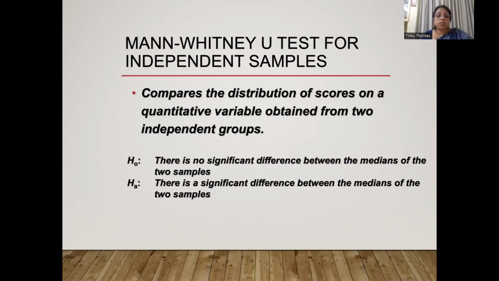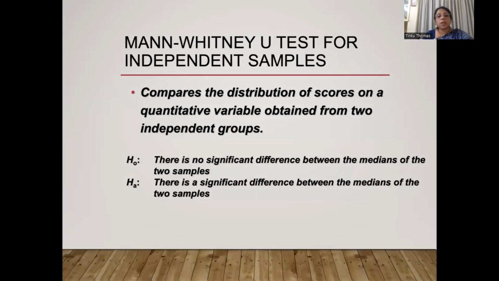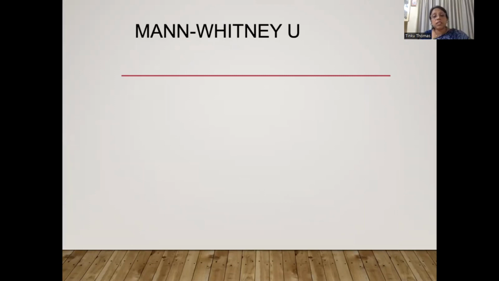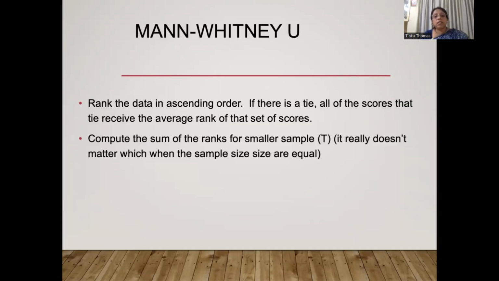Then we can use the non-parametric test, which is a Mann-Whitney U-test. So essentially what are we doing? We are arranging the data in ascending order. Then we are ranking them, and then we use the sum of ranks. And that is essentially used in a test statistic calculation. So that is the process.